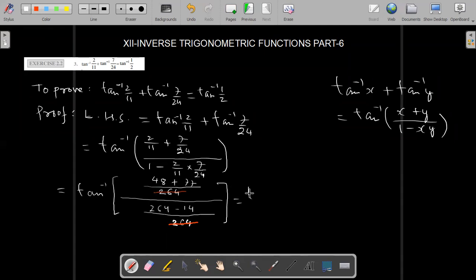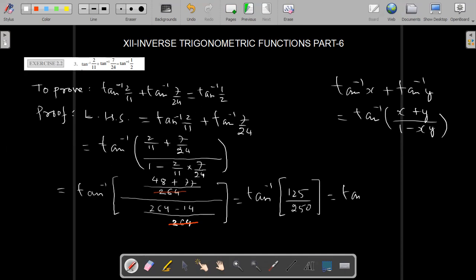And this will become tan inverse of 48 plus 77, that is 125, divided by 250. 125 over 250, that's all we got.